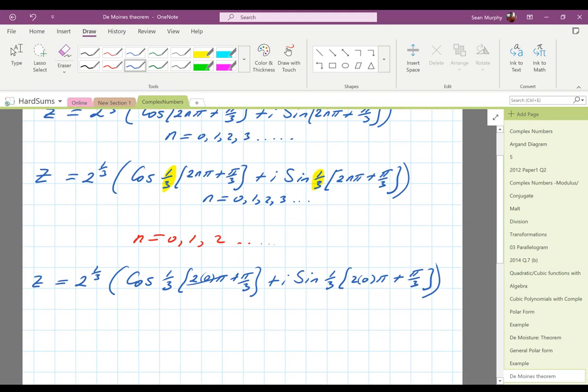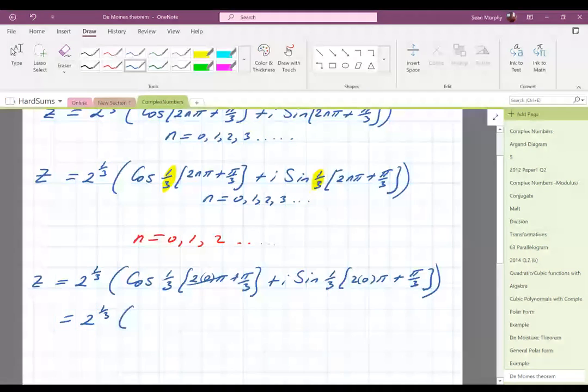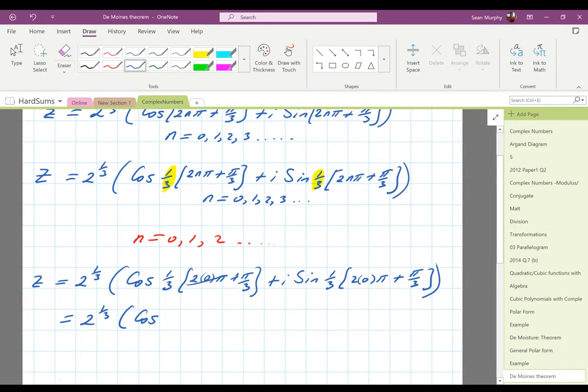Now, of course, anything with 0 is gone. So it's a third by π/3, which is just π/9. So it's 2 to the power of a third times cos of π/9 altogether. Plus, it gets much simpler now, i times sin π/3 over 3, which is 9. So it's sin π/9.